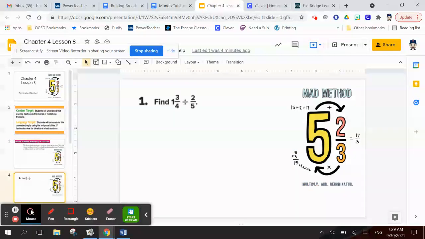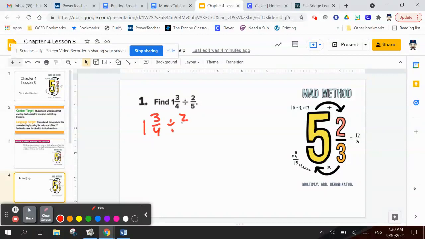So now we can go on, we can practice to multiply or divide a mixed number by a fraction. So find 1 3/4 divided by 2/5. So here I have my mixed number. I want to change that to an improper fraction.